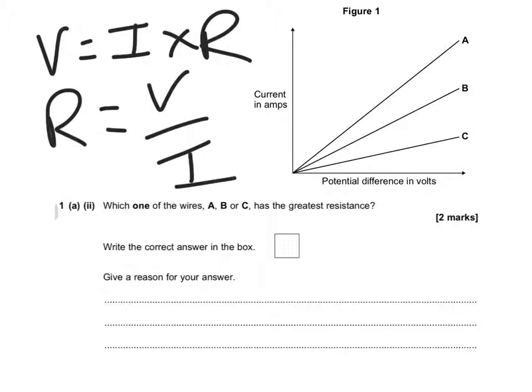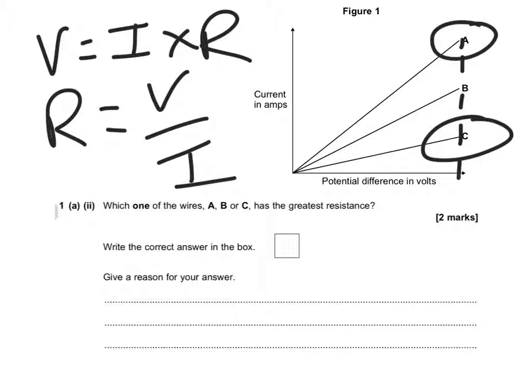And so therefore we can work out which one of these will have the greatest resistance. What we're looking for to make a great one is a relatively high V and a low I. If we track along here, you can see at that point all potential differences are the same, and C has the lowest current, the smallest current, and A has the highest.